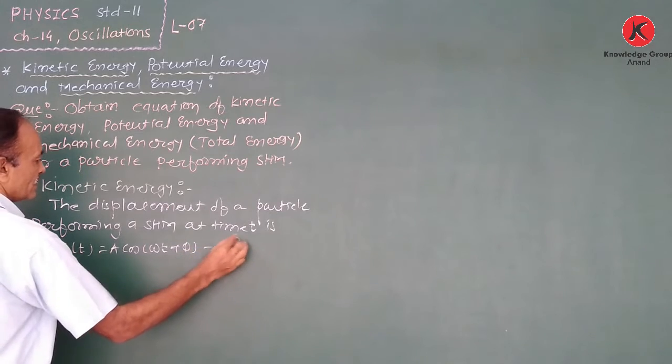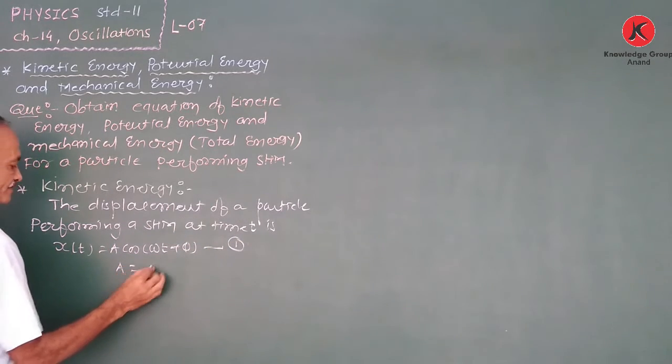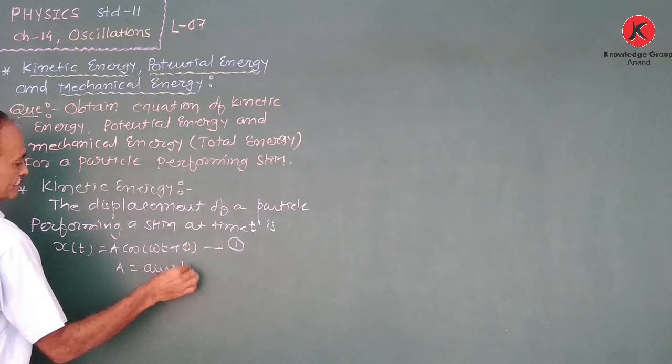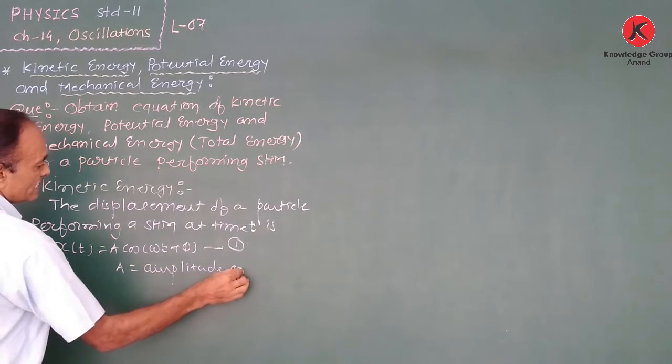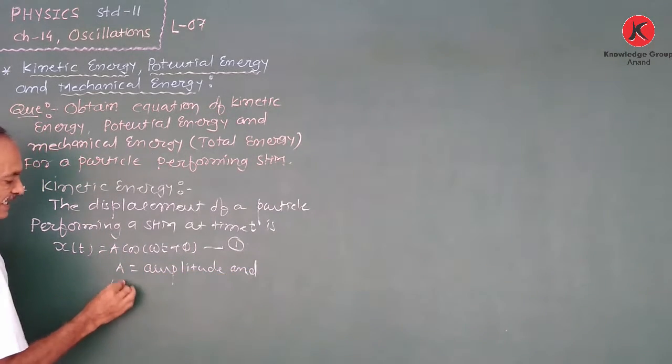That is equation 1. A is the amplitude and omega is the angular frequency.